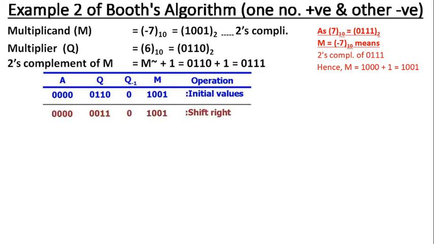So here is that operation performed during that first iteration, shift right. The values after shift right of A, Q, Q minus 1 are written at appropriate position, whereas contents of register M, 1001, are simply copied. This first iteration contains shift right only, and this is shown by brown color.